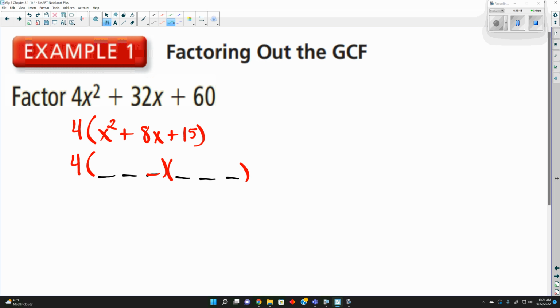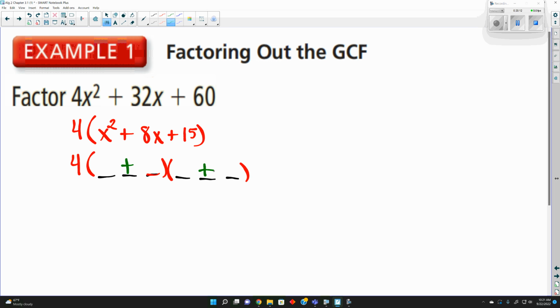If the third term is positive, then the signs are the same and match the sign of the middle term. If the third term is negative, the signs are opposite. So the sign of the third term is positive. So their signs are going to be the same and match the middle term, which is plus, so our signs are plus and plus. Questions on this so far?